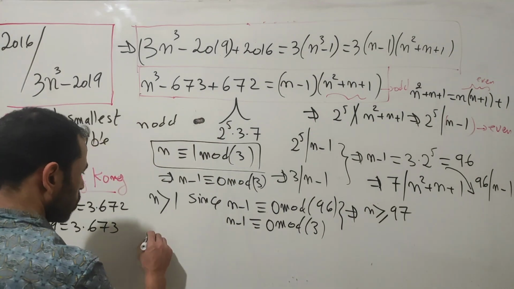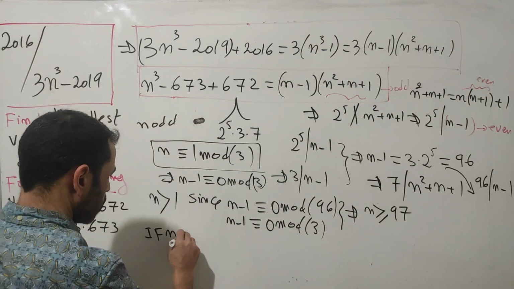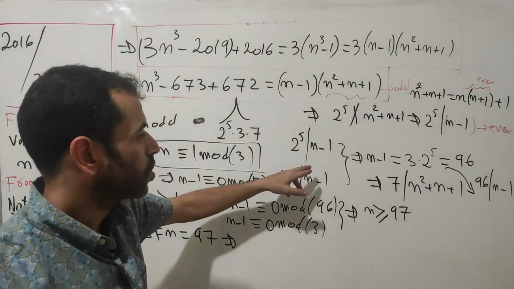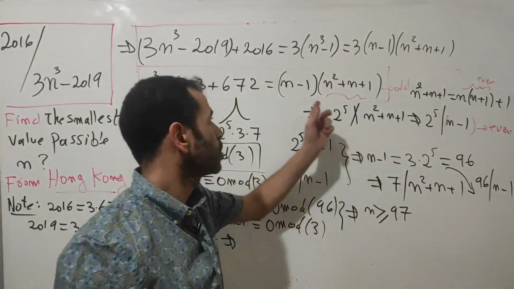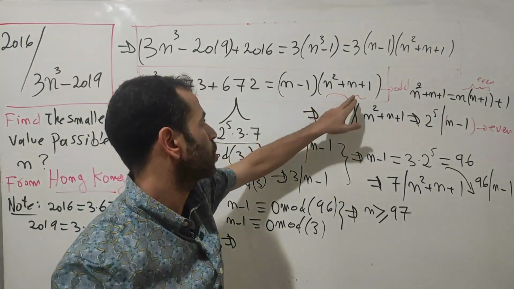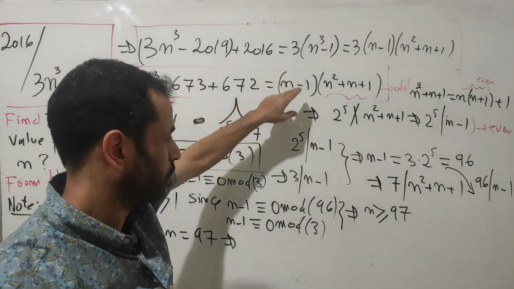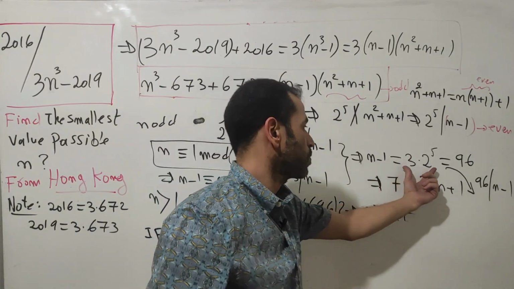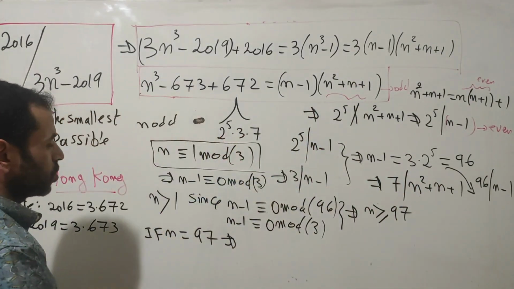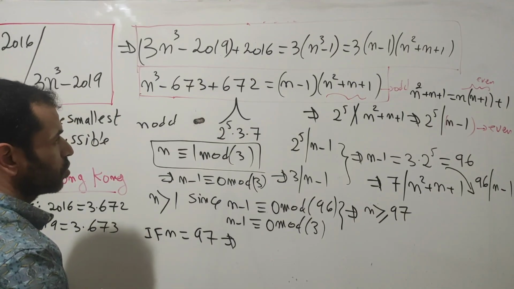Let's check it. We determined before 7 cannot divide this one, which means 7 divides this one, because n minus 1 was taking the place of this product. So if 7 divides this term, I'm going to check whether it is a solution or not.